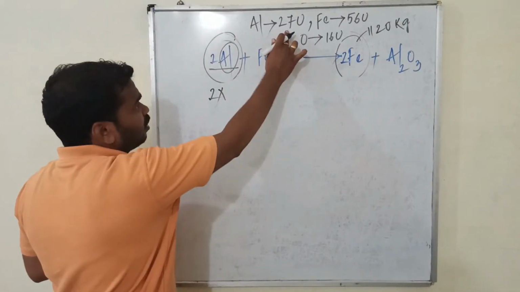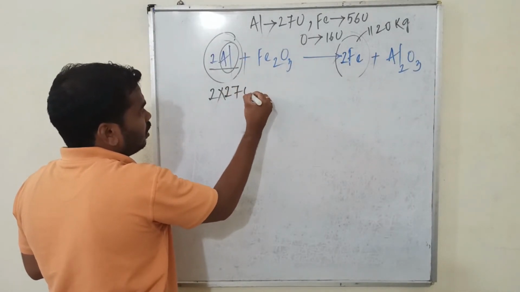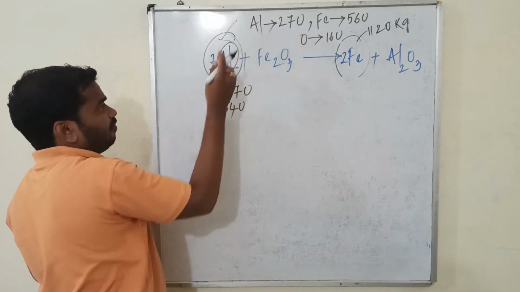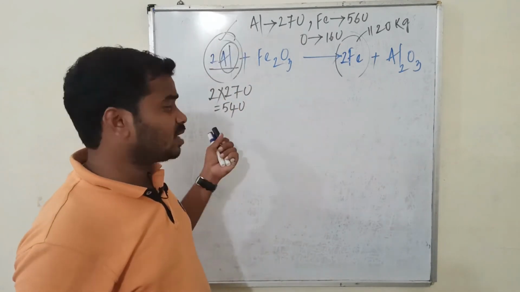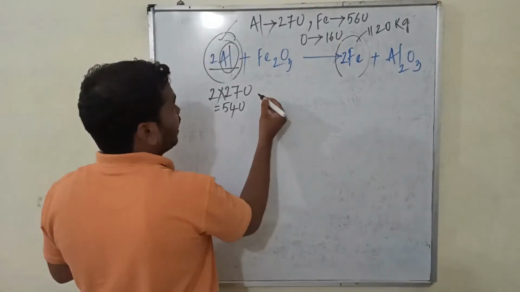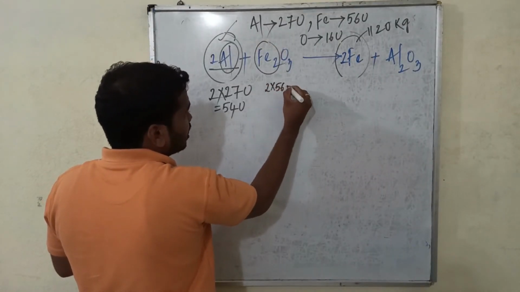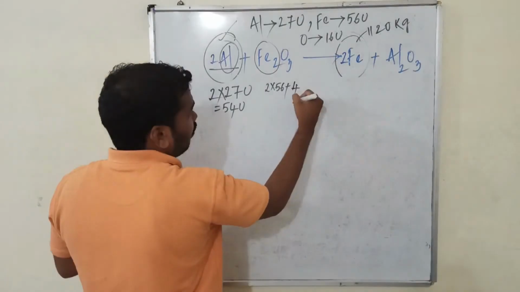Each aluminum would be 27 units, right? So totally 54 units of aluminum would be reacting with Fe2O3, means 2 into 56 plus 16 3s are 48.